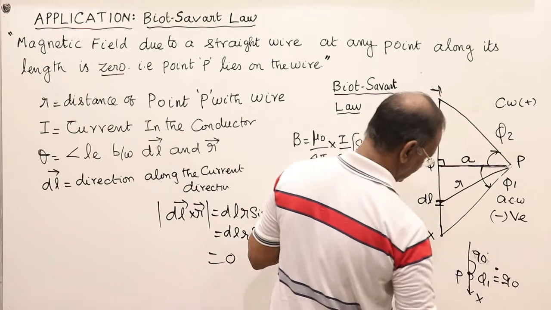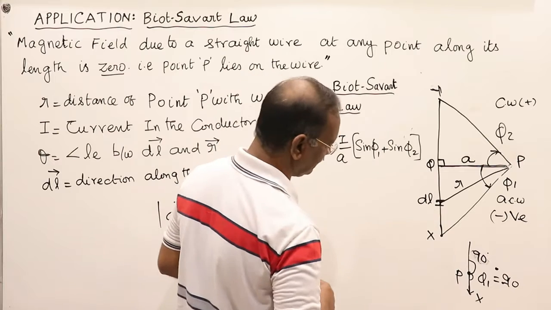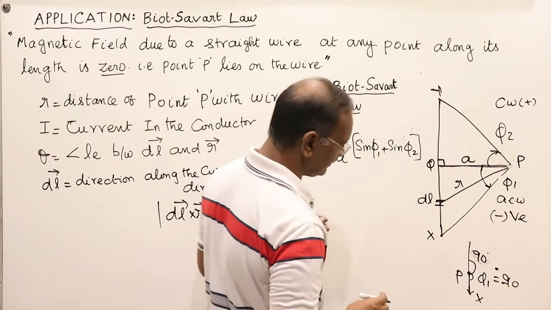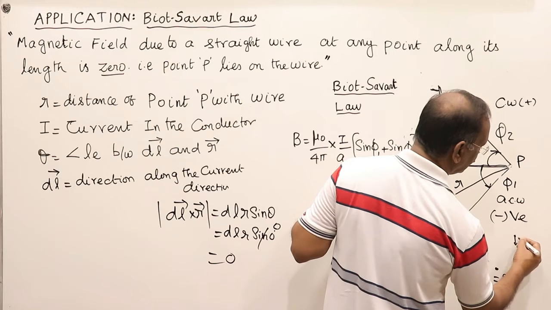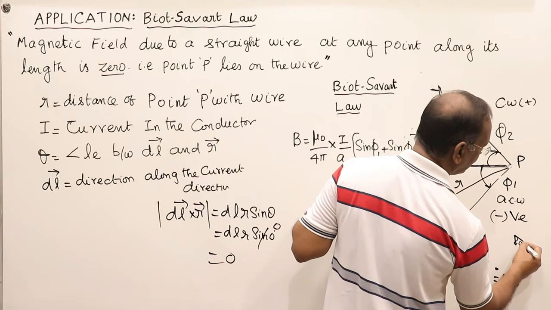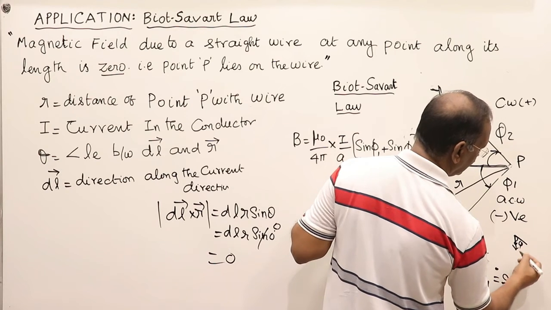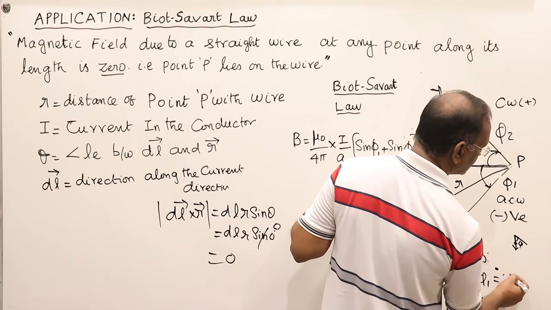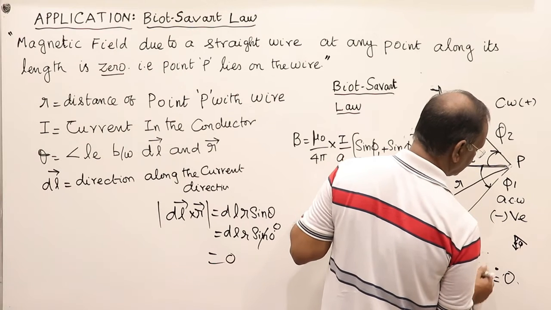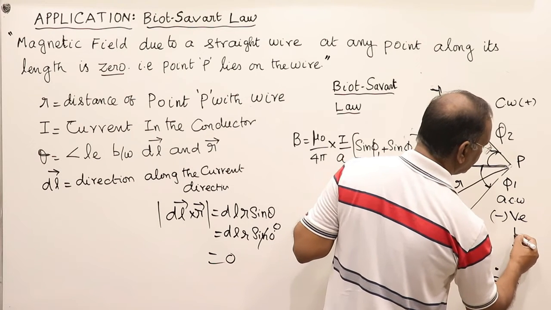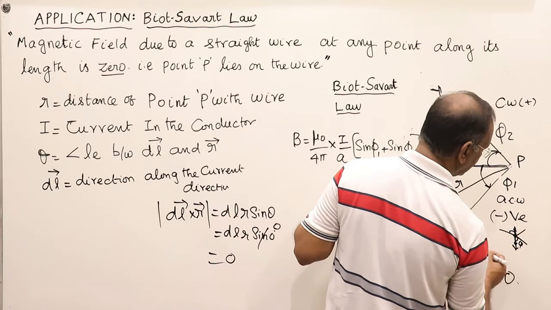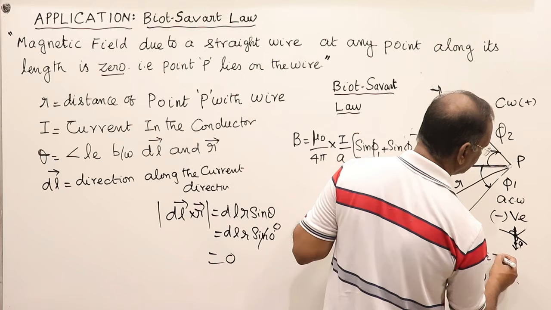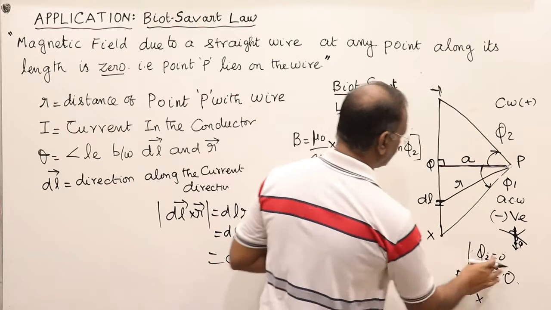Sorry, both are 0 degrees because the point is also here, the end is also here. If it is the same line, then the angle is equal to 0 degrees. So phi 2 is equal to 0, and phi 1 is also 0.